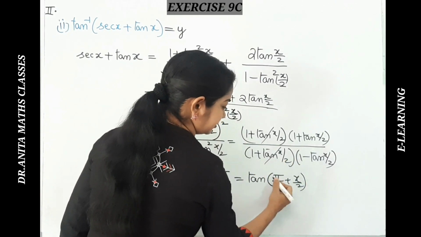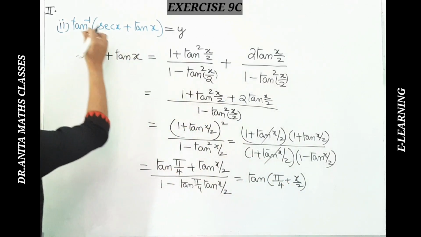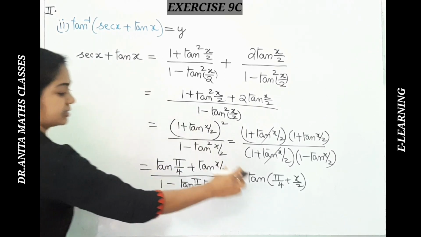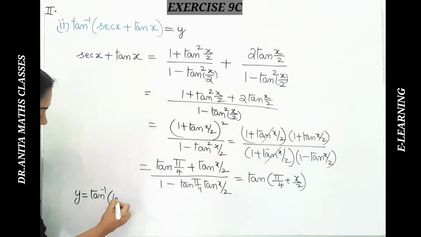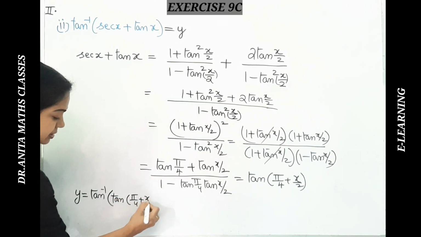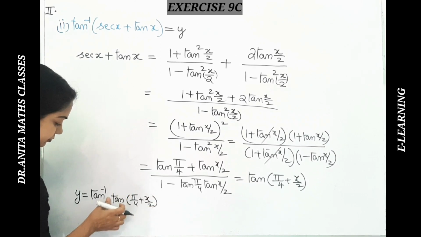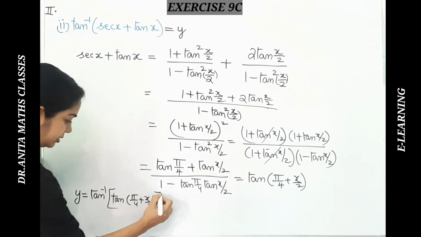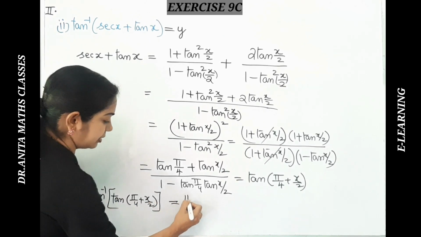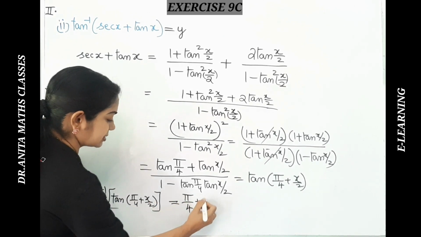Here we will substitute in y and find the derivative. So y is equal to tan inverse of, instead of secant plus tan x, we got tan of pi by 4 plus x by 2. So tan and tan inverse go off, and we get pi by 4 plus x by 2.